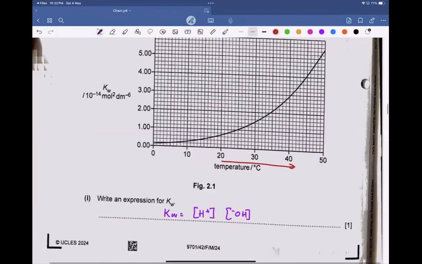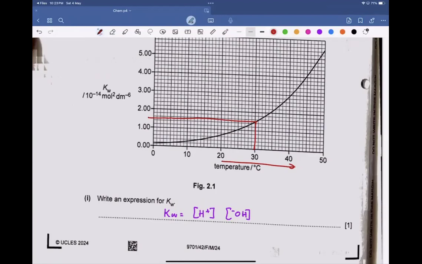Let me show you. At 30 degrees Celsius, if you see, can we say that the Kw value is around 1.5 exponent minus 14?